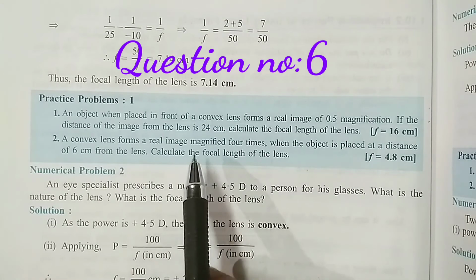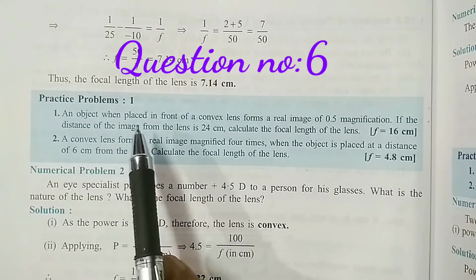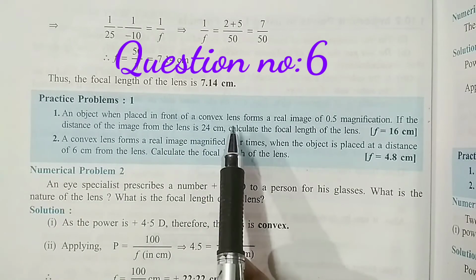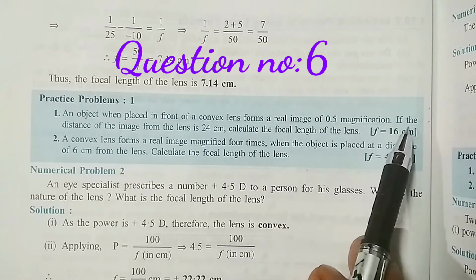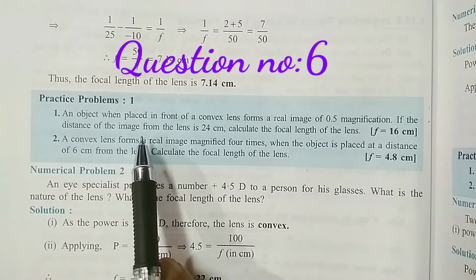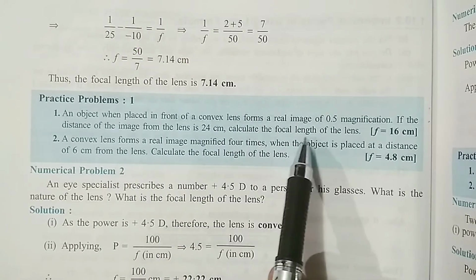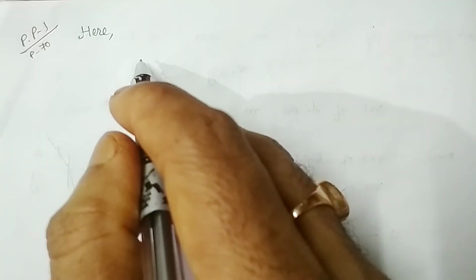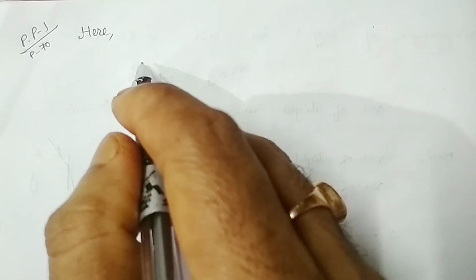Now I'll discuss a sum based on the lens formula. Here the question is: an object when placed in front of a convex lens forms a real image of 0.5 magnification. If the distance of the image from the lens is 24 cm, calculate the focal length of the lens. As given in the question, the magnification is 0.5 and the image is real.